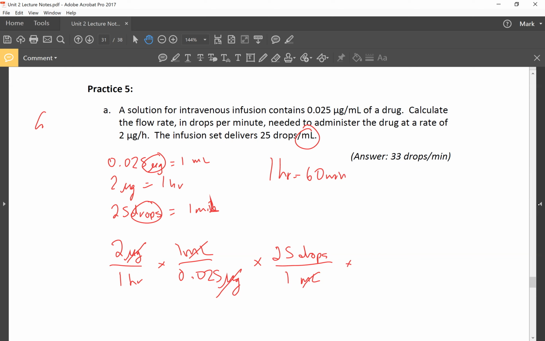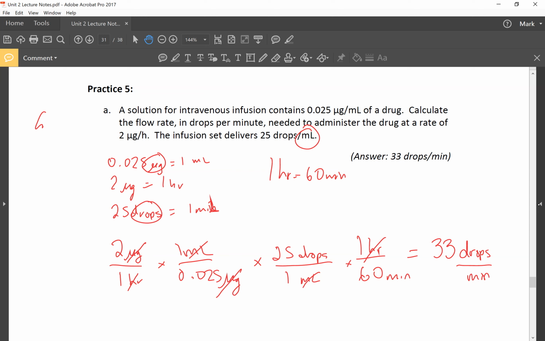So I'm going to multiply this by 1 hour over 60 minutes. So my hours will cancel, and that's it. I get 33 drops per minute. Now, my calculator actually says 33.3 drops.